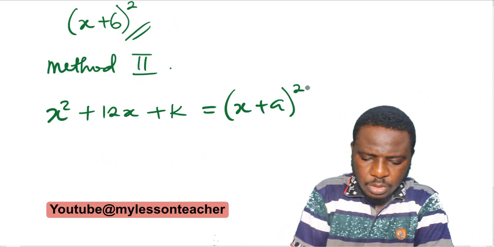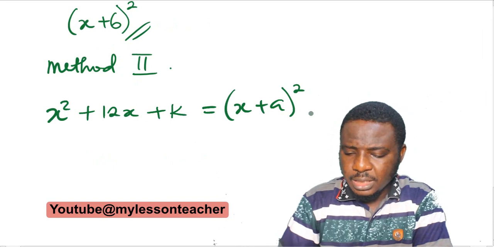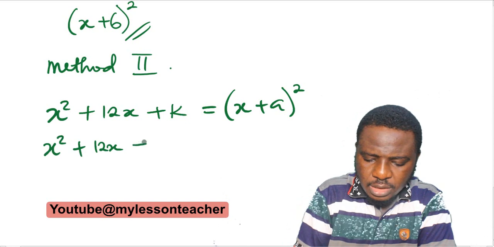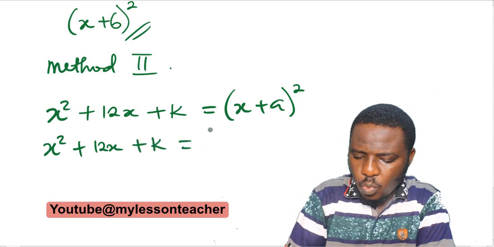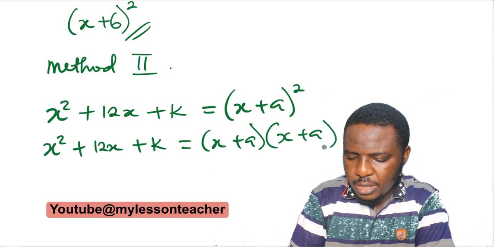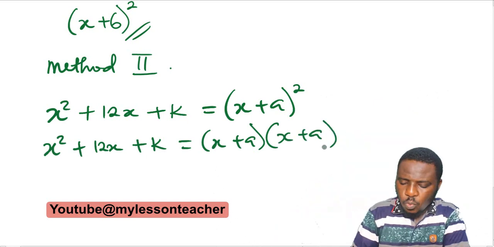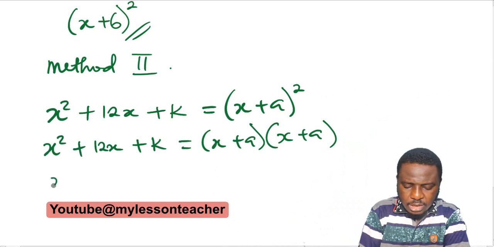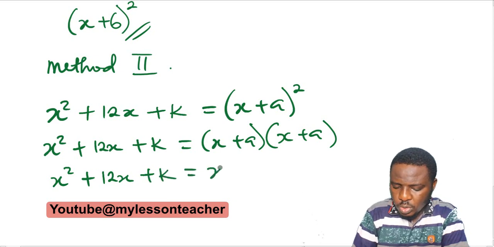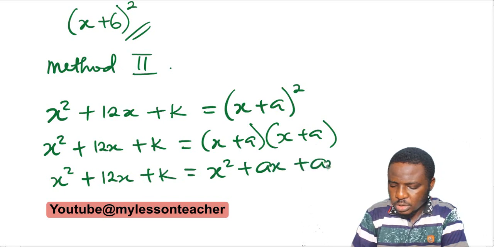Now, let's expand the right hand side. You have x squared plus 12x plus k to be equal to x plus a times x plus a. When you expand what we have on the right hand side, this becomes x squared plus 12x plus k to be equal to x squared plus ax plus a squared.